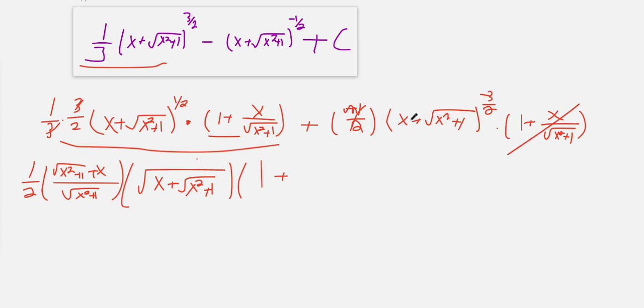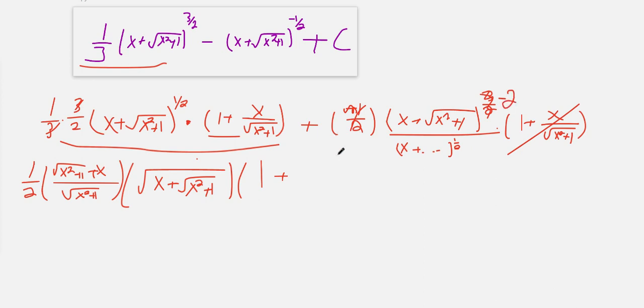Here we've essentially divided by x plus the square root of x squared plus 1 to the 1/2. And so this will become, instead of a negative 3/2, a negative 4/2, which is a negative 2.